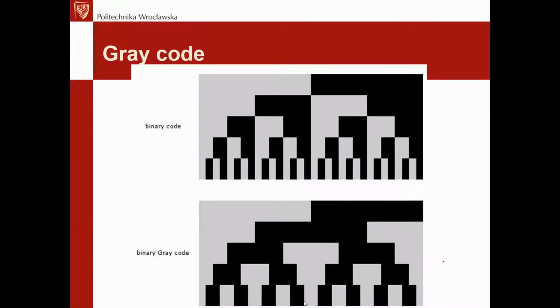Mind that this is the coding when we have some switch or some encoder, and the positions are coded with 5-bit binary, and here with 5-bit gray code.